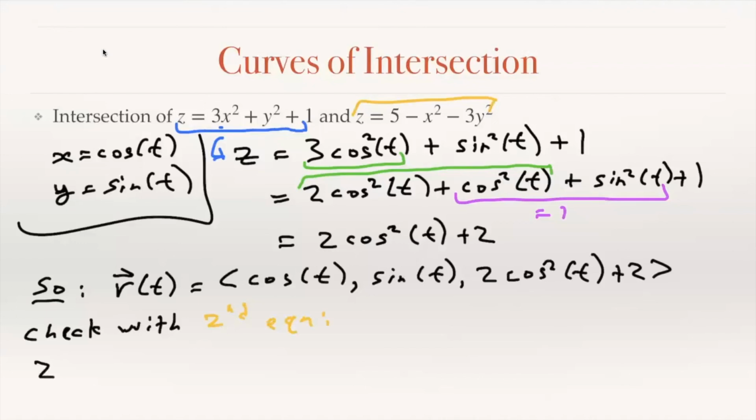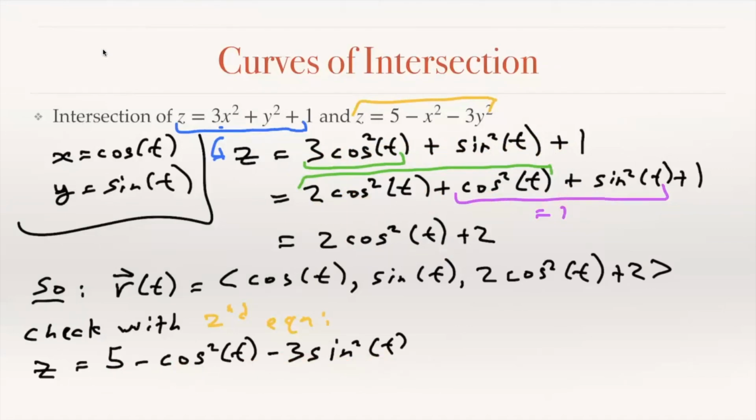In the second equation, we have z is 5 minus cosine squared t minus 3 sine squared t. Okay, so this is what I had in mind when I said this is not really fine. We can't verify that this is the same as this. Not in this form, at least.